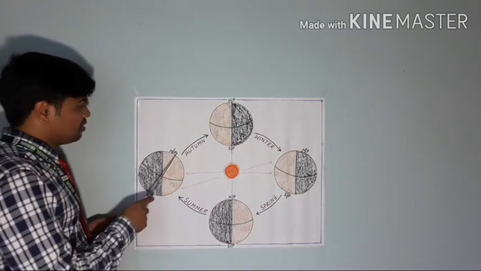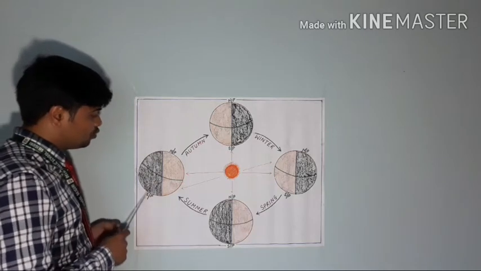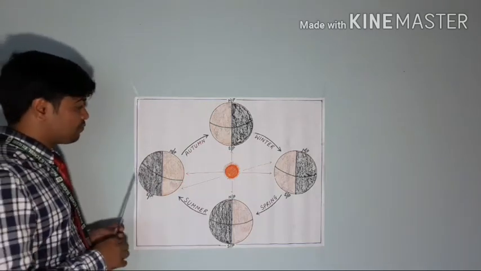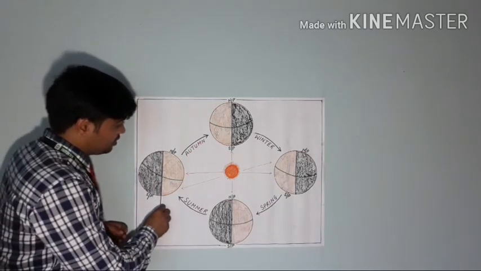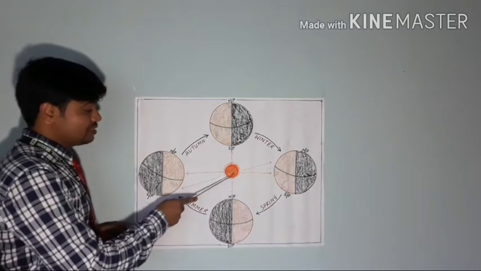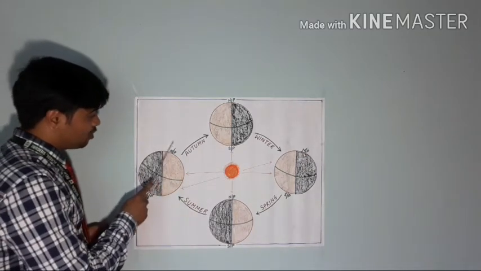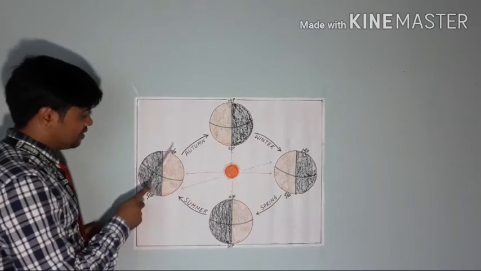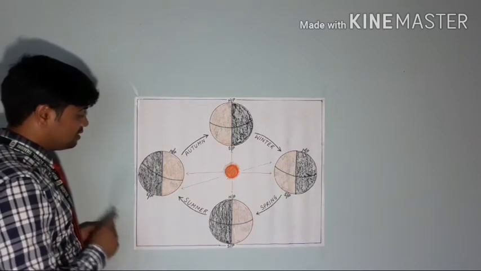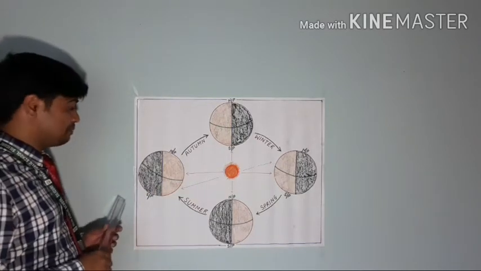So, during the month of June and July, northern hemisphere is tilted towards the sun. As you can see, north pole is getting sun rays here, and south pole is away from the sunlight.